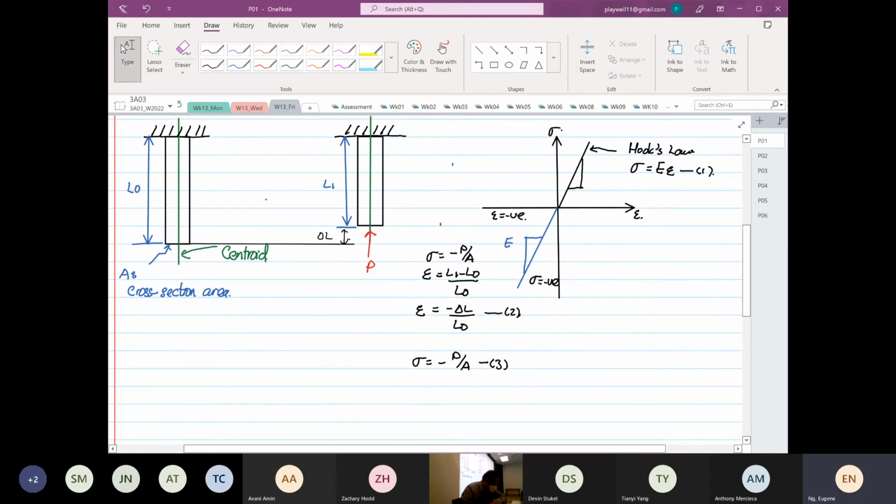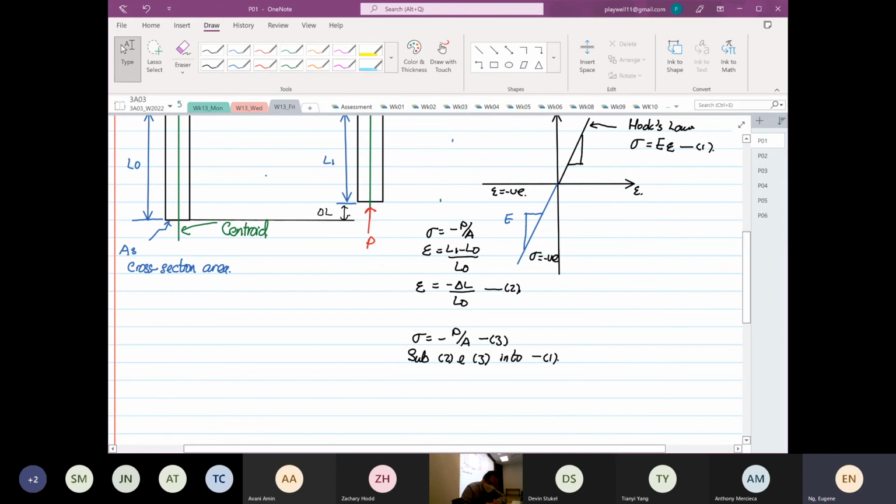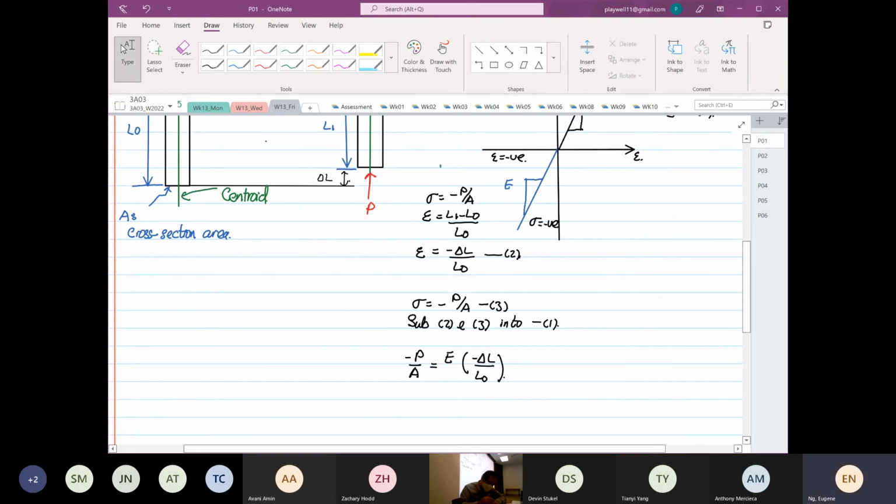And then when we substitute equations 2 and 3 into equation number 1, so equation number 1 is minus P over A, and this is equal to E times minus delta L over L naught.